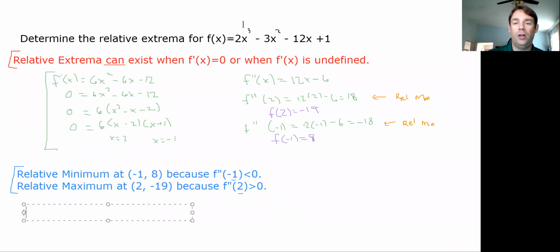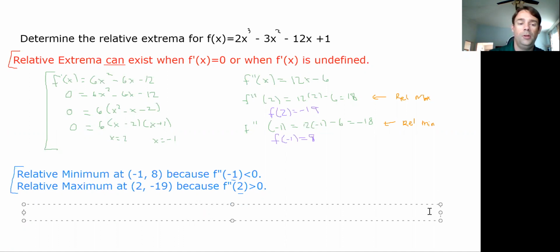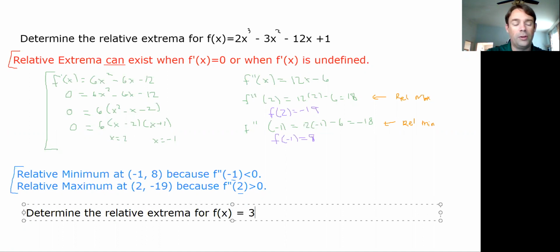All right, here we go. Let's give you guys one to try. Determine the relative extrema for f of x equals, let's see here. Let's go back to our original one we've been doing.